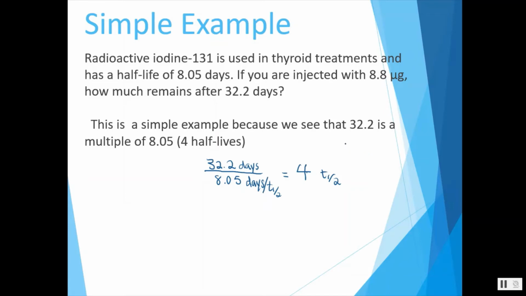So then, initially I start with 8.8 micrograms. After 1 half-life, this will drop down to 4.4 micrograms. After 2 half-lives, I'll have 2.2 micrograms. 3 half-lives, 1.1 micrograms. And then my 4th half-life, I would see that I have 0.55 micrograms remaining.